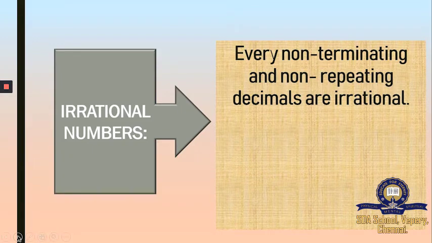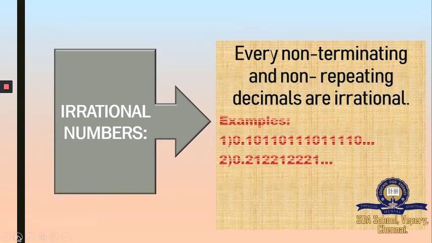As we saw, non-terminating means the digits after the decimal point continue endlessly, and non-repeating means the same digits or the same set of digits must not repeat. So here are the examples of irrational numbers. If you observe the given examples, the digits after the decimal point continue and there is no repetition of digits. Okay.